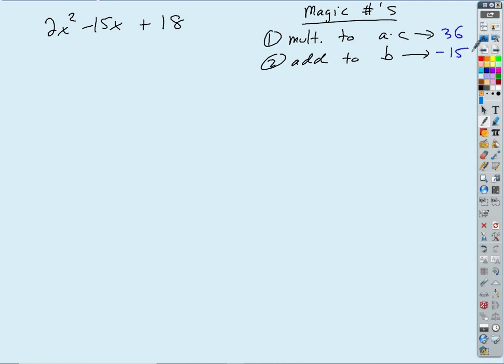So I have to find those magic numbers that multiply to 36 and add to negative 15. What are they? Negative 3, negative 12, right? We can play the sign game. We know that they're both going to be negative because they multiply to a positive and add to a negative. So negative 12 and negative 3. So there's step 1 in bottoms up: we have to find the magic numbers.